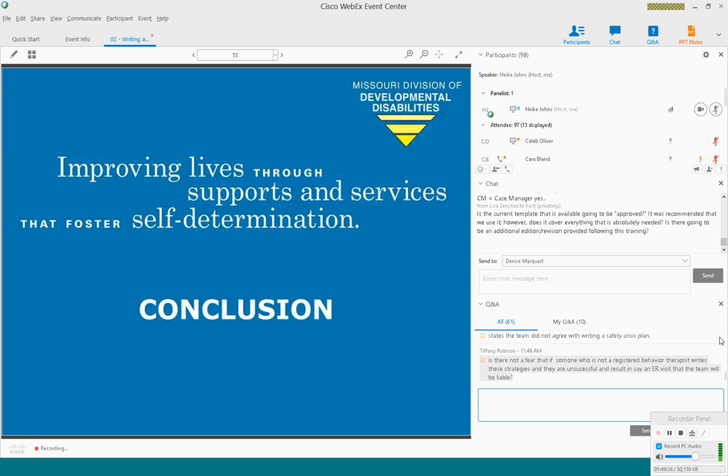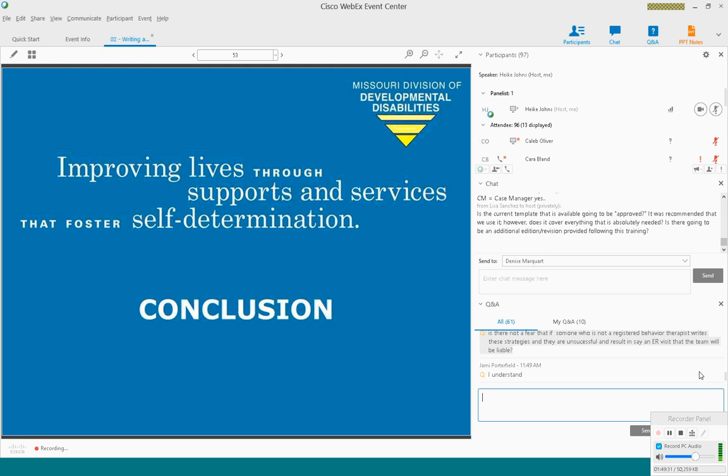Is there going to be an addition or revision following this training? I don't anticipate any revision of the safety crisis plan at this point, unless someone has an idea of what's missing and presents it to us. Just like everything else, we'll always be updating it if we find more information.